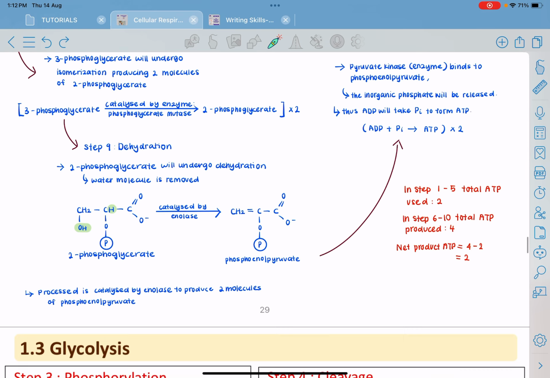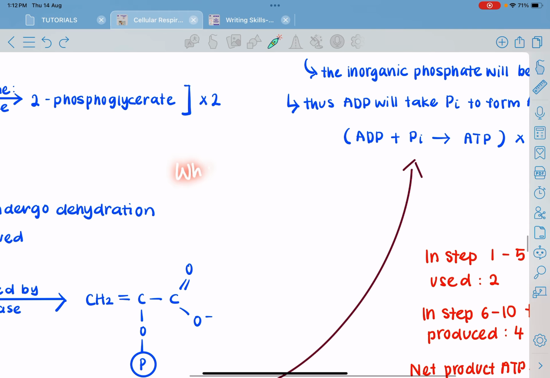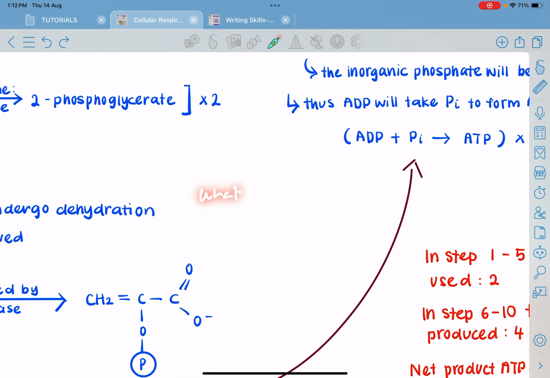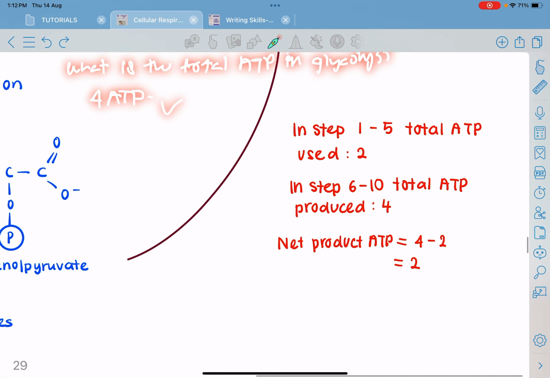Now, if the question says what is the net ATP after everything, only then you answer 2 ATP remaining. If they ask what is the total ATP in glycolysis, only then you say 4 ATP in total. Okay, don't mix up.